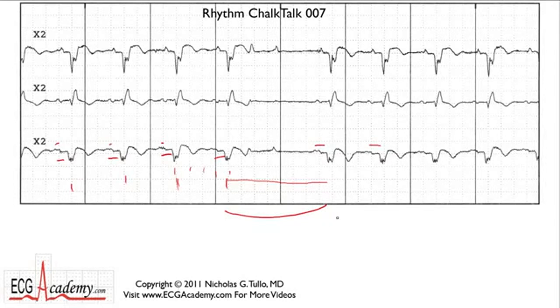And so people would be tempted to think that this is what? Type 2 second degree AV block, like Mobitz 2 block, because you have a fixed PR interval, you have a P wave that fails to conduct. The R to R is exactly the same as 2 times the previous R to R, so it all fits, right? So, geez, I should have labeled this basic.